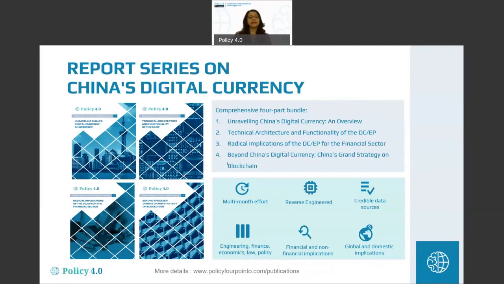It is really that, coupled with the digital currency, which makes for this very formidable transformation that is on the way in the Chinese economy. So in the brief time that we have today, I would like you to be aware of three dimensions of transformation that the DCEP brings.